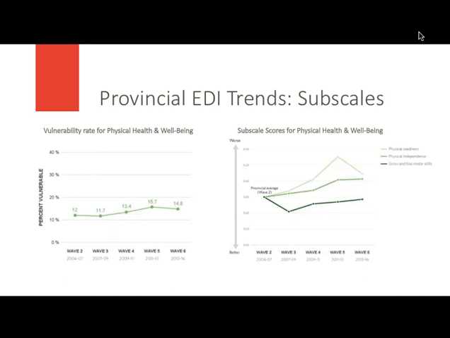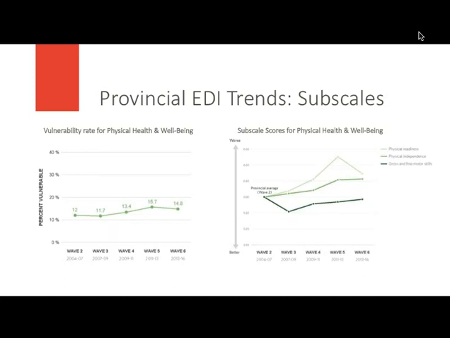It's taken a little bit of a dip in the most recent wave, but the trend is certainly generally upwards over time. And of course, that's an area of concern provincially. But the question then is, is that same trend of getting a little bit worse over time something that shows up for all 3 of the subscales? That's what the graph on the right tells you about.